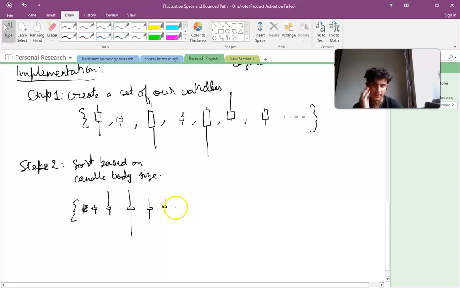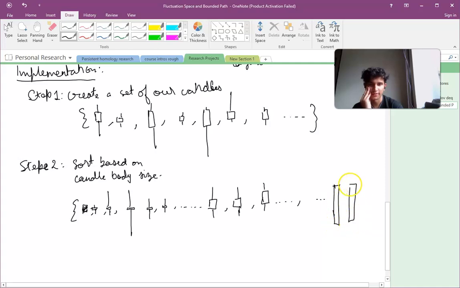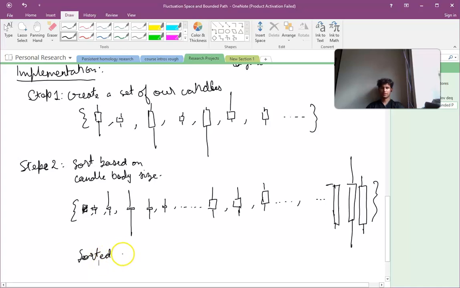Yeah, so sometimes we have repetitions, and the idea is that they get sorted. So we have something like this now, where the medium size comes in. Okay. And so on. Eventually, we want even the big size ones to also get classified. Okay. So this is our sorted set or list.